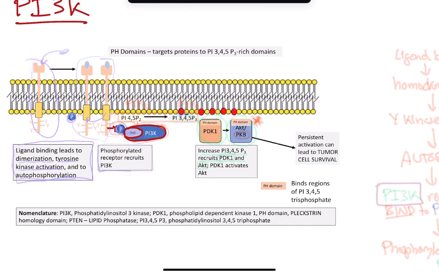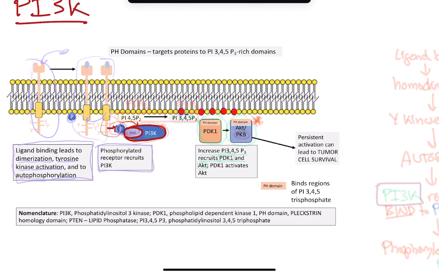That phosphorylated receptor is going to recruit our PI3K. So now that we have this receptor that's been phosphorylated, it's going to beckon, it's going to call this PI3K. And how is that PI3K going to associate with a phosphotyrosine, so to speak? Through that SH2 domain.